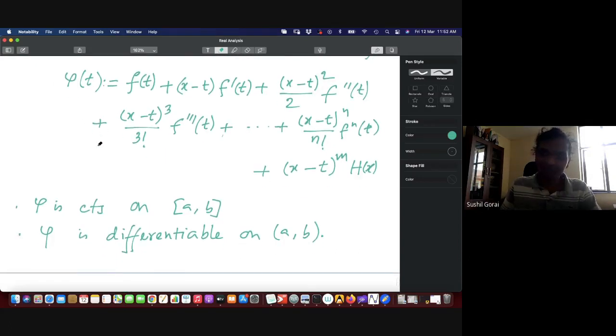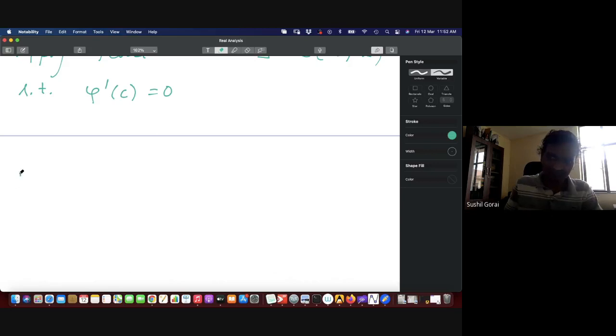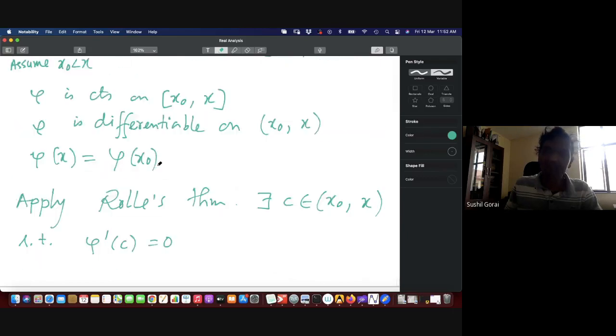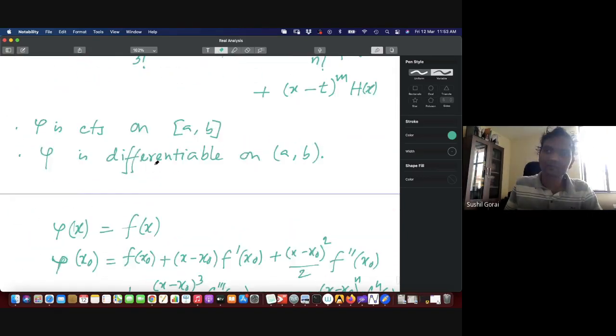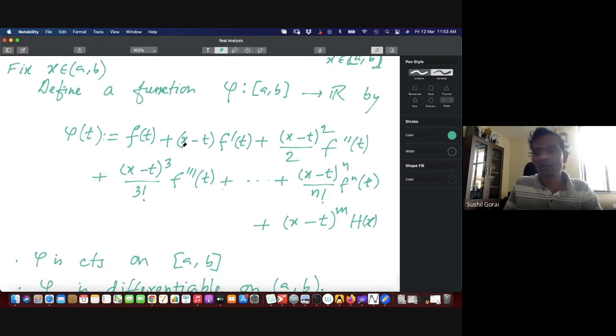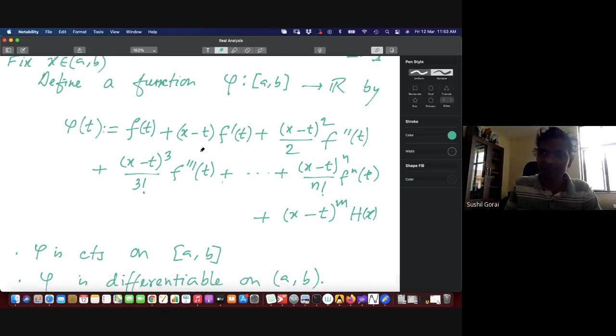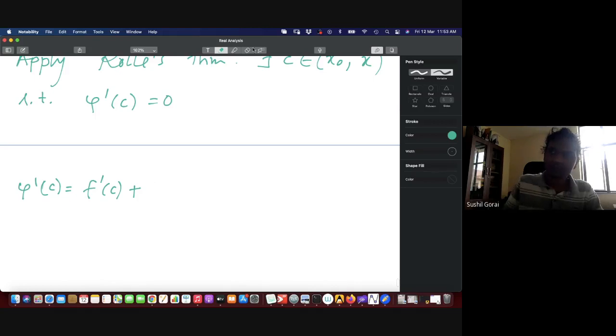So let's take the derivative of phi. So phi prime c is f prime c plus, here you have the product rule, which means here minus f prime t, minus f prime c, plus (x minus t) with t equal to c, we are putting f double prime c, right?